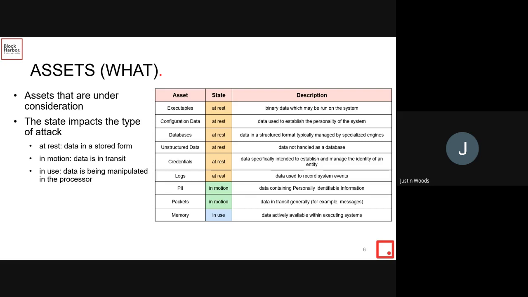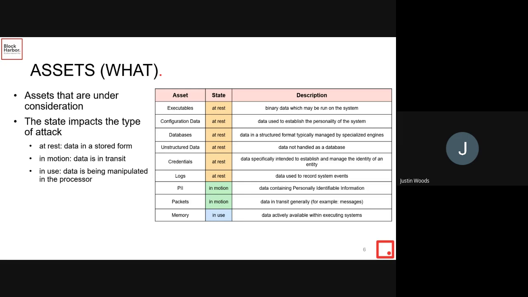Looking at the list here, we can see how things align. This also lets us know the types of attacks that might be feasible. For something that is at rest, like logs, perhaps an attack is going to be getting into the ECU and pulling out that data, right? Because it's not being moved anywhere, you have to go in and get it.